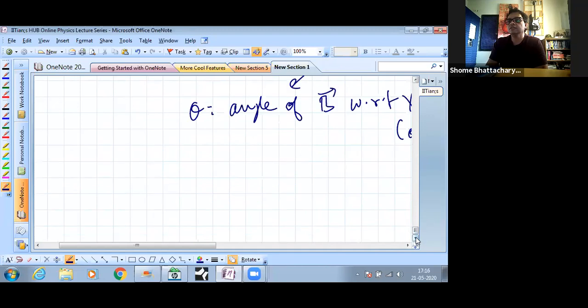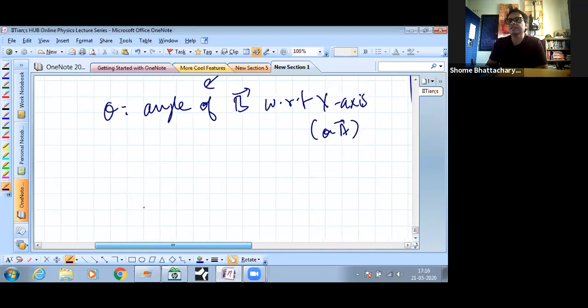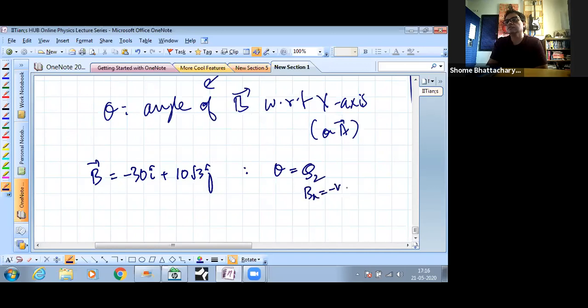Given a vector, how to find the angle with respect to the x-axis. Okay, so B is minus 30 i cap plus 10 root 3 j cap. So that means theta is in which quadrant? It's in quadrant 2, because x component is negative and y component is positive.